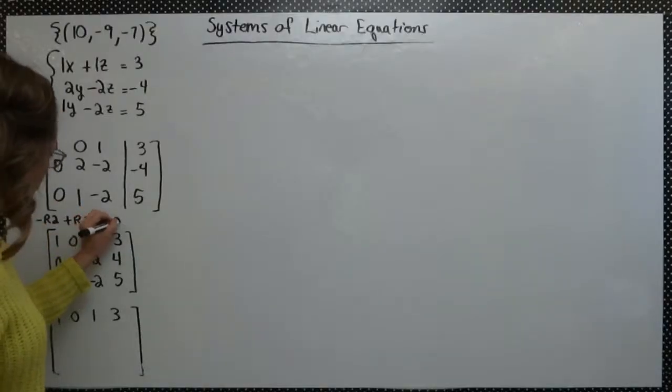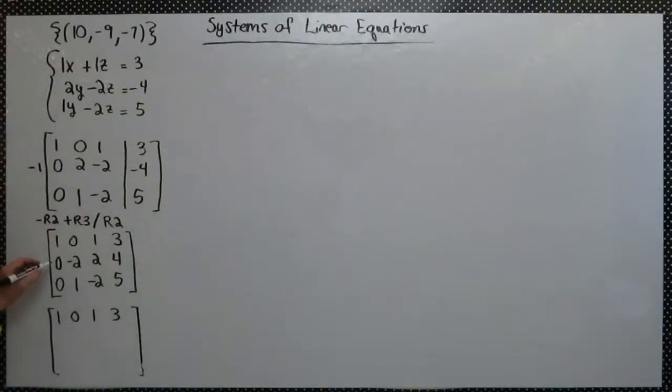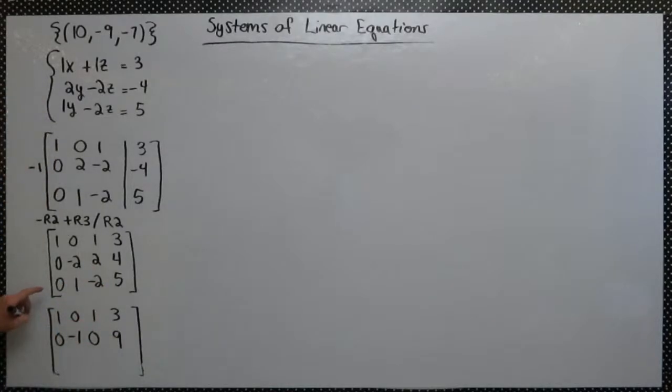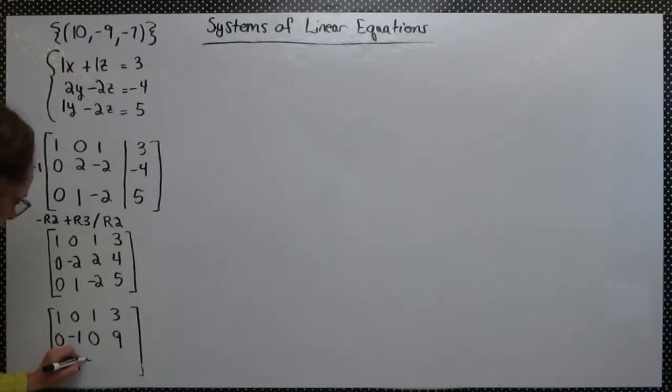I changed my mind. So 0 plus 0 is 0. -2 plus 1 is -1. 2 plus a -2 is 0. 4 plus 5 is 9. And then we copy down that third row: 0, 1, -2, 5.